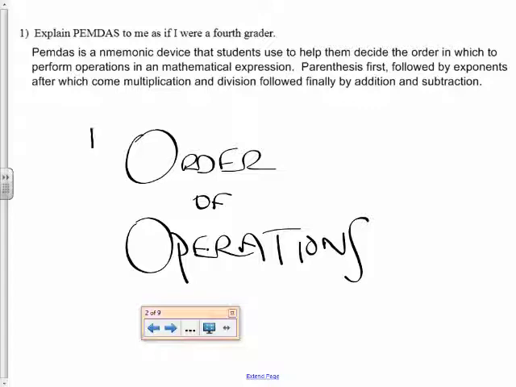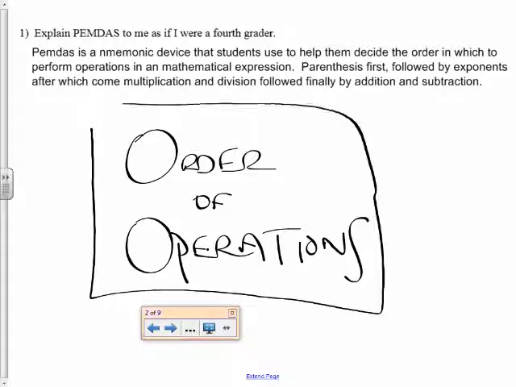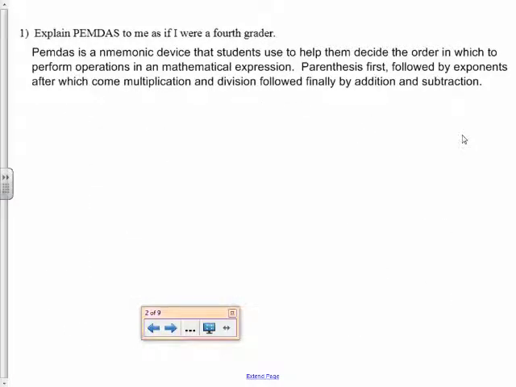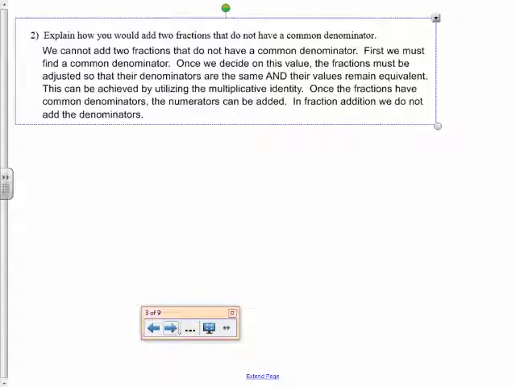The order of operations had to be somewhere in your words, and if you didn't, I couldn't give you whole credit. It's the way that we decide how we perform operations in a mathematical expression. Parentheses come first, followed by exponents, then multiplication, then division, and finally addition and subtraction.